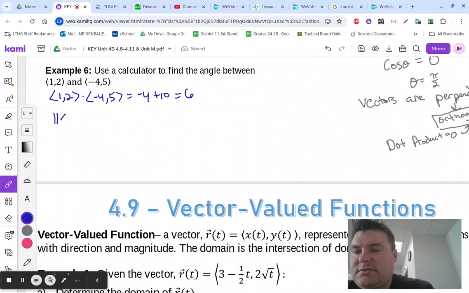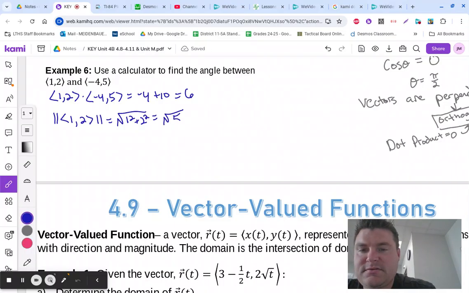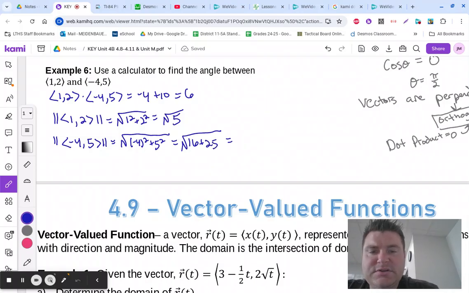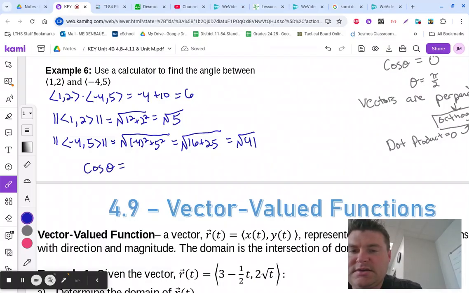So the magnitude of 1, 2 is 1 squared plus 2 squared, which equals √5. And I need the magnitude of -4, 5, which is -4 squared plus 5 squared, 16 plus 25, which is √41. So cosine of theta is equal to 6 over √5 times √41.